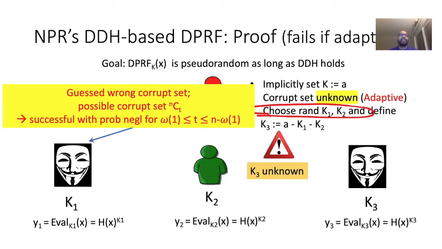If t is constant, n choose t is not a big number, but if t is somewhere in the middle, like n over 2, then n choose t becomes exponential. So the reduction will only be successful with negligible probability. That's why the proof does not work for the adaptive case.